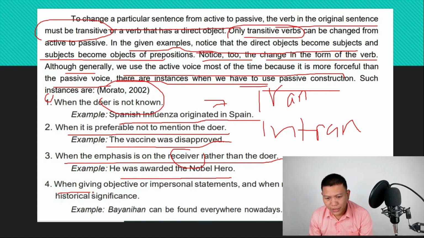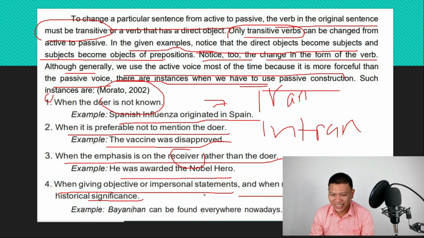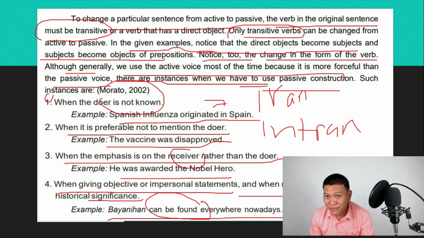For number 4, when giving objective or impersonal statements and when relating events of social or historical significance. Example, bayanihan can be found anywhere nowadays. So we use the passive voice can be found, the can plus be plus past participle, because the subject is something historical, bayanihan. Okay, you get it?